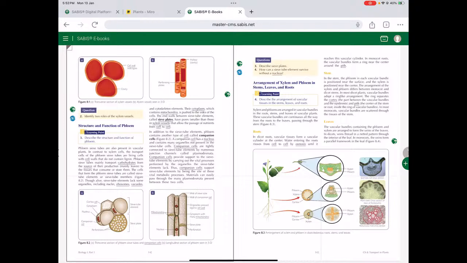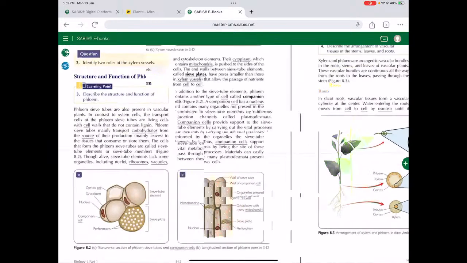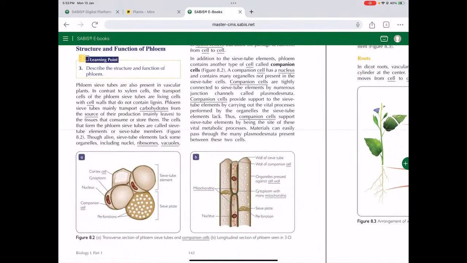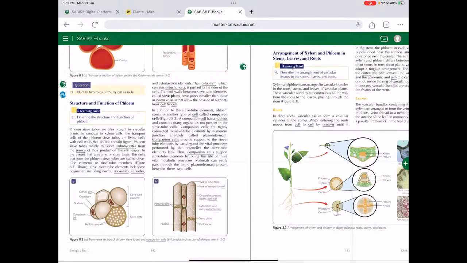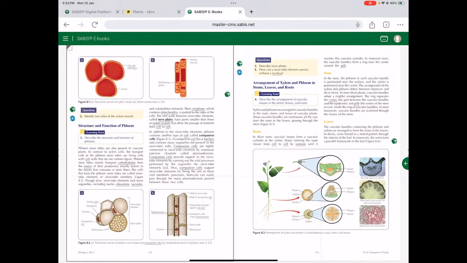For the phloem, we already said their function, the companion cells, we talked about it, but I'll only draw your attention to one thing, the labeling. This diagram here, know how to label it. Know where the companion cell is, where the sieve plate is, where the sieve tube element is. It's very important. Same thing for the xylem.